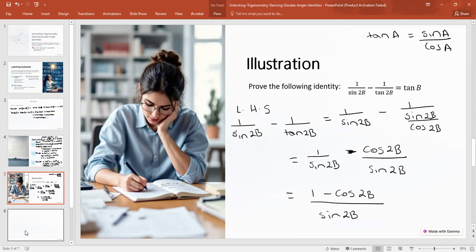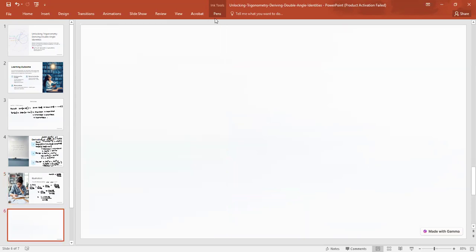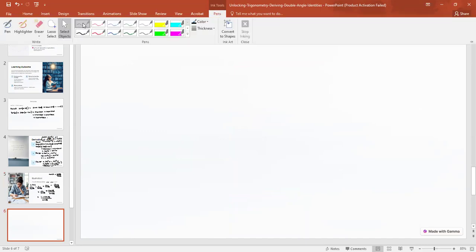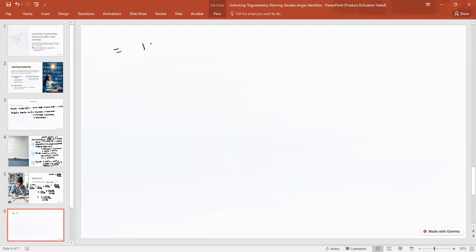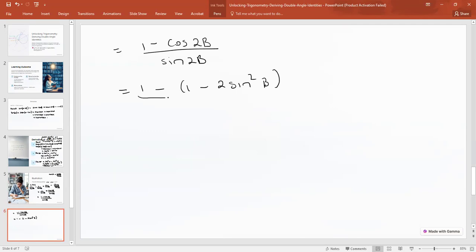So remember from our previous slide, we had 1 minus cosine of 2b over sine 2b. This implies we can write it as 1 minus, we can use our well-known double angle identity, as I did mention so far, to obtain 1 minus 2 sine squared b over 2 sine b cos b.